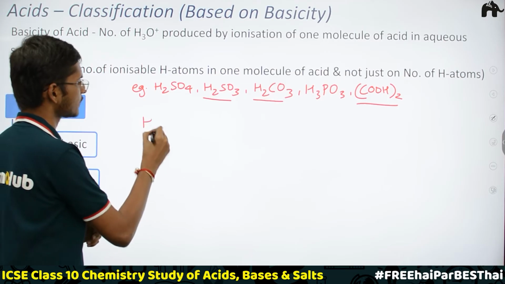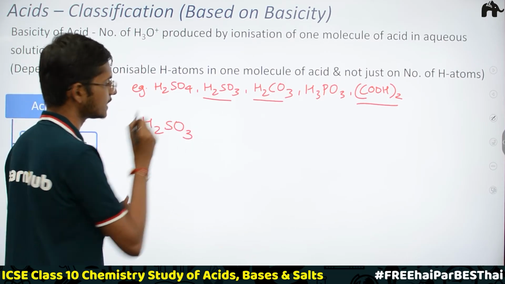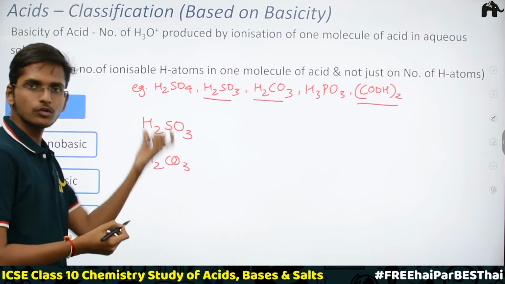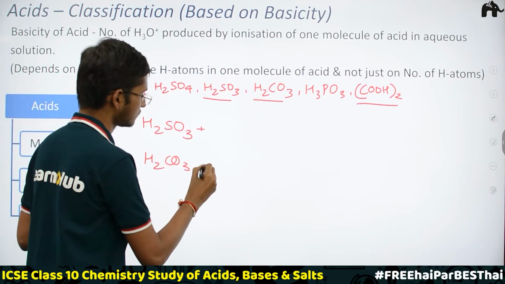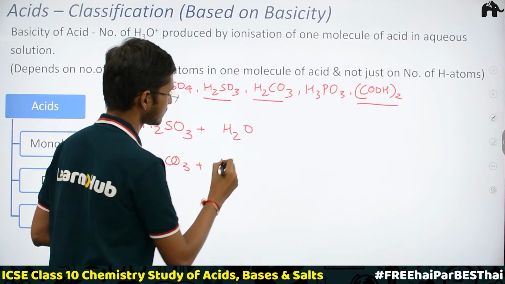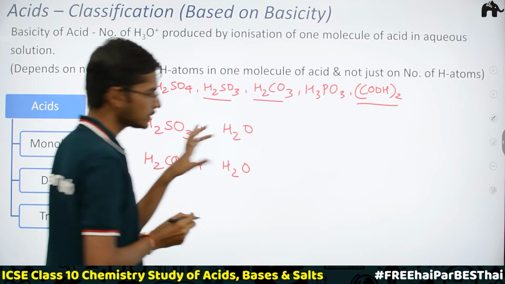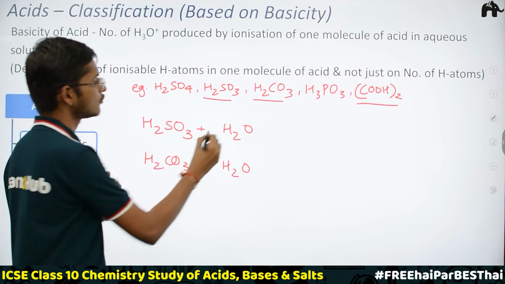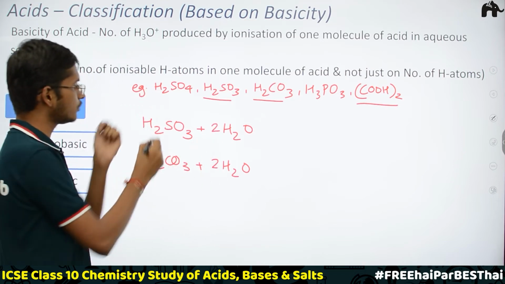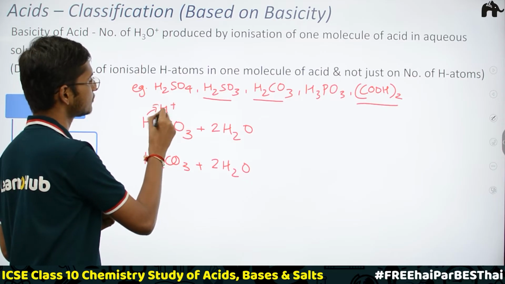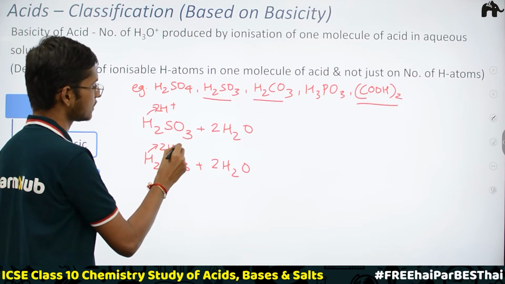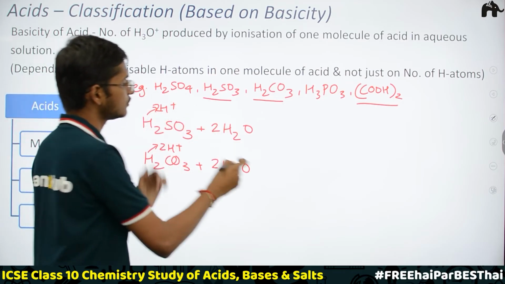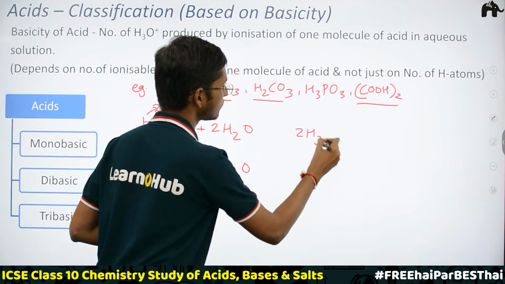Just like H2SO4, their ionization equations are exactly the same. For example, I am showing H2SO3's and H2CO3's ionization equations in one go, because they are going to ionize exactly in the same fashion as H2SO4. So they would also require 2 water molecules, because 2H plus would be going away from H2SO3 and H2CO3, resulting in 2H3O plus.